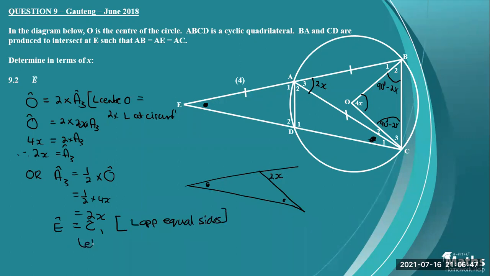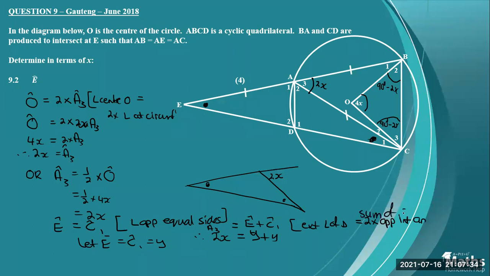I'm just going to say, let angle E be equal to angle C1 be equal to Y. And then I'm going to say 2x is equal to Y plus Y. But let's be decent here and say that A3 is actually going to be equal to angle E plus angle C1, and give the reason: exterior angle of triangle is equal to the sum of the opposite interior angles.